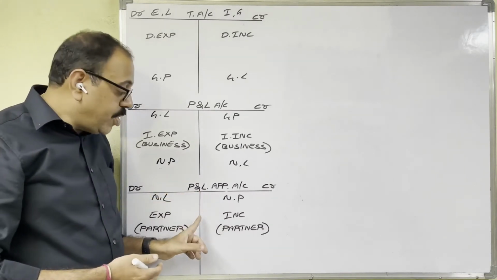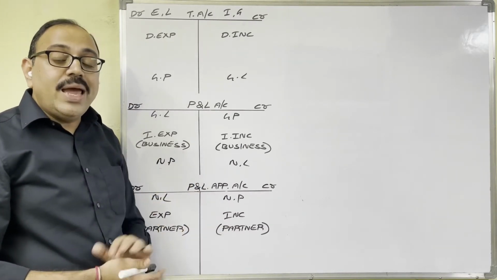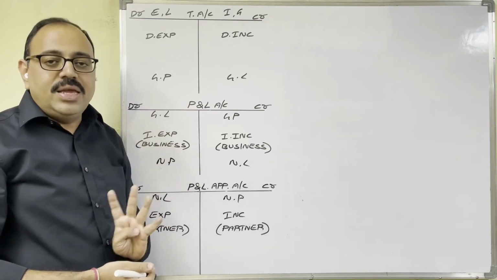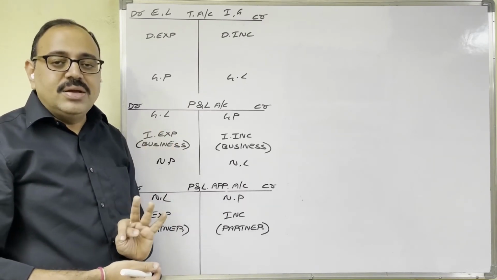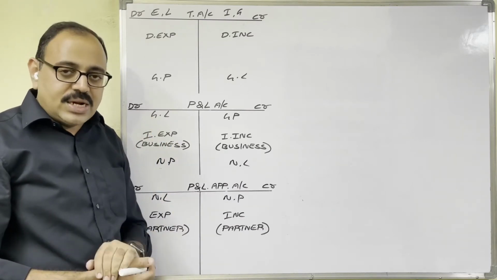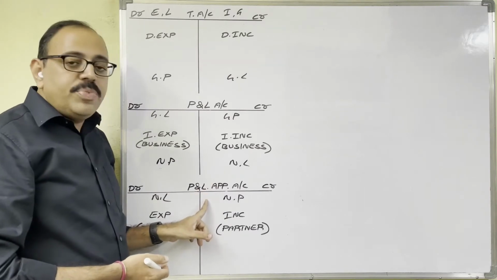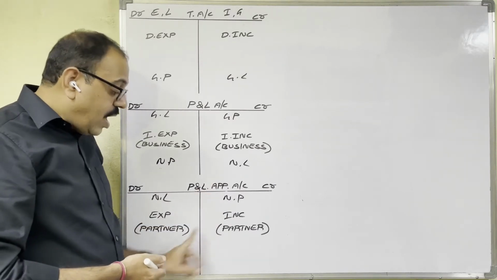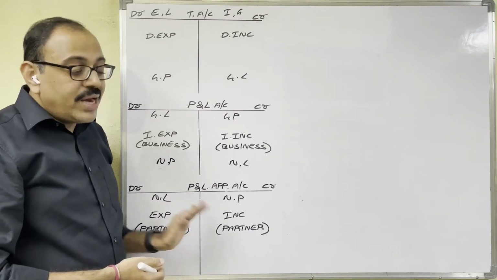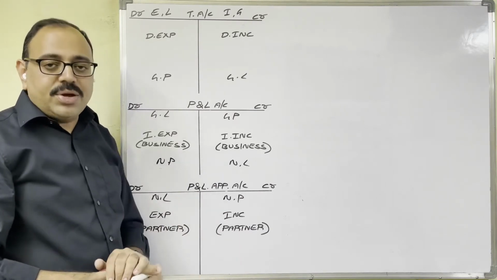So in the P&L appropriation account, we are going to show the adjustments of partners. Means partner's salary, partner's commission, interest on drawings, interest on capital, etc. And in the P&L appropriation account, the final profit or loss we have to transfer to partners' capital accounts.